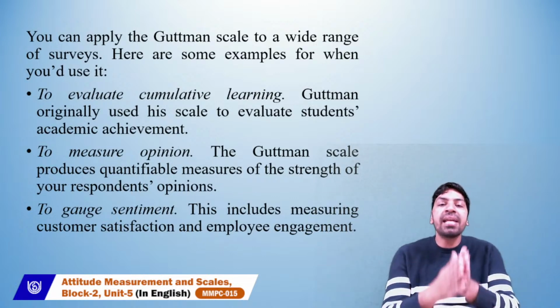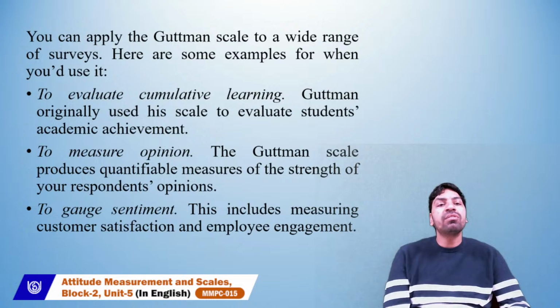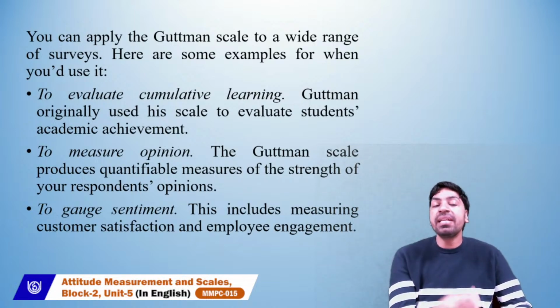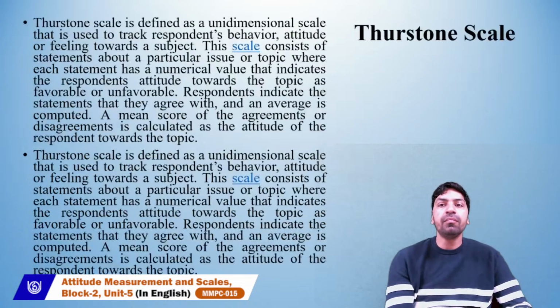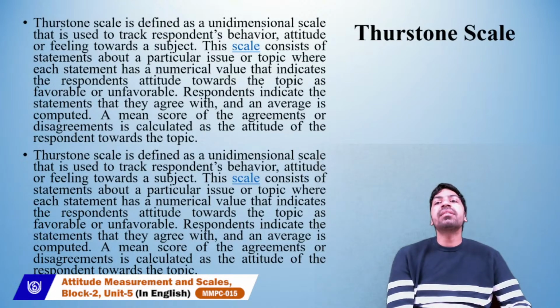These are identification purposes so that you can easily apply or adopt the Goodman scale in your questionnaires. The next scale is the Thurstone scale.